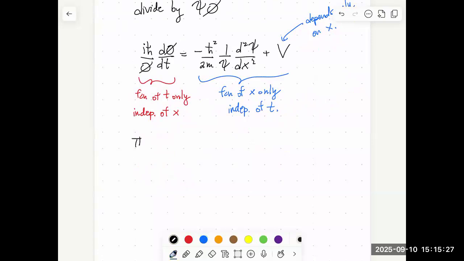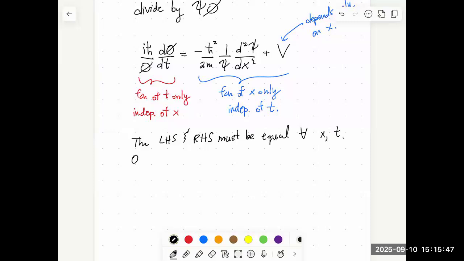So the left-hand side, and this will be the last thing we write down: the left-hand and right-hand sides must be equal for all combinations of x and t.